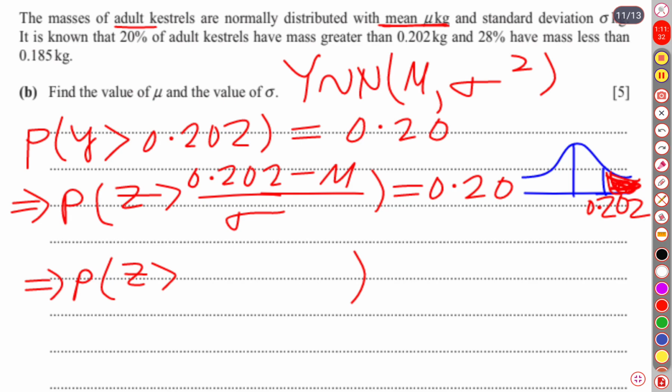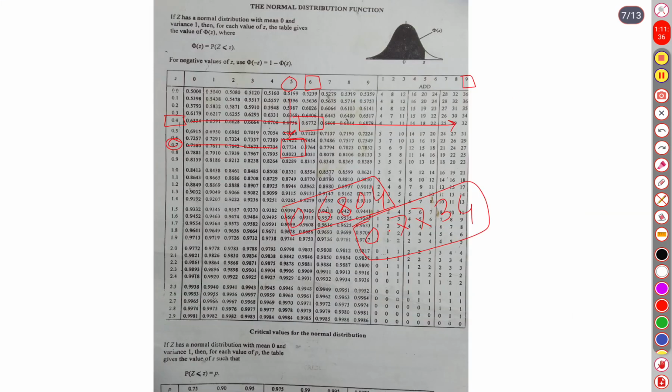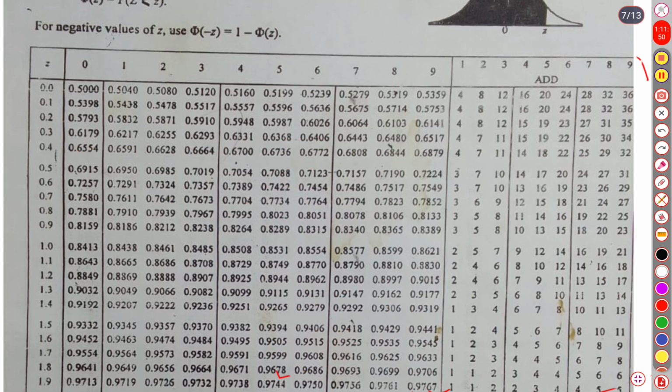Let's go back to that page. Yes, from here we will find the z score when the probability is 0.8. Let us see where 0.8 lies. We require 0.8. Let me erase the unnecessary parts. We may not find the exact probability, but we can calculate this.